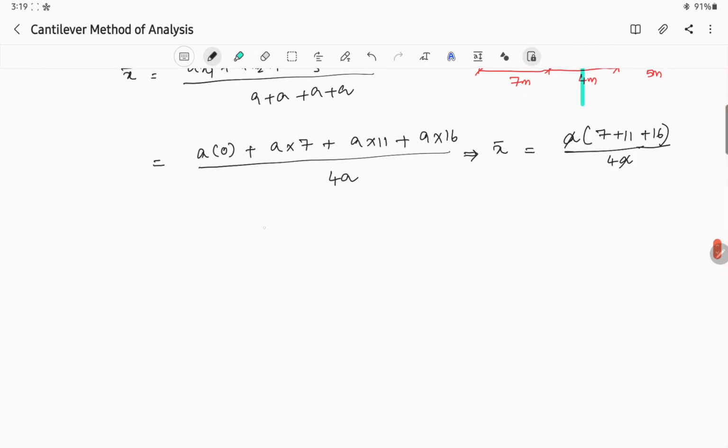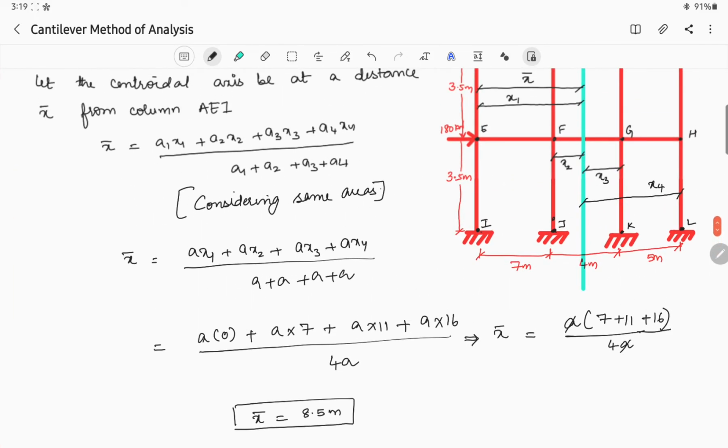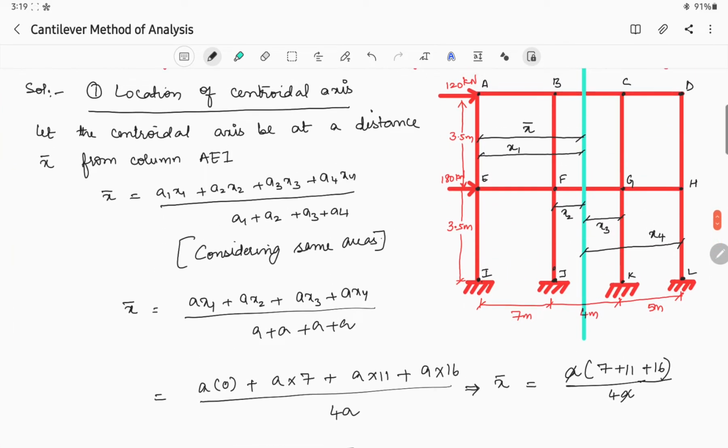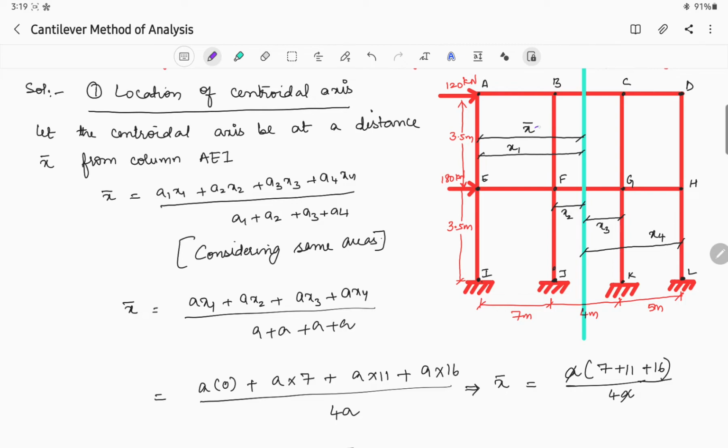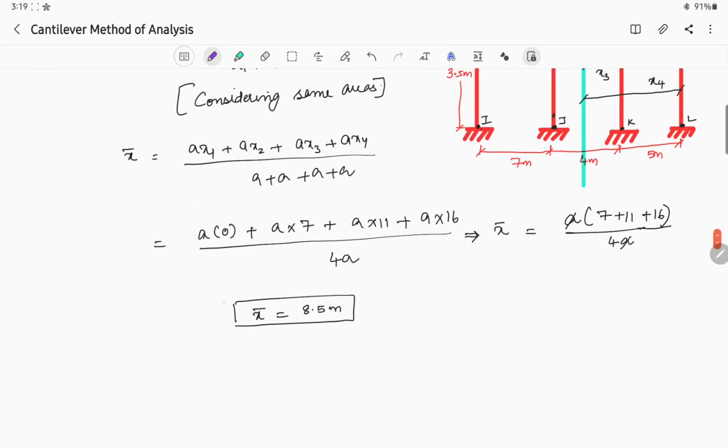So ultimately, you will get the value of x bar is equal to 8.5 meters. The value of x bar is now 8.5 meters. Alright, we got the value of x bar.